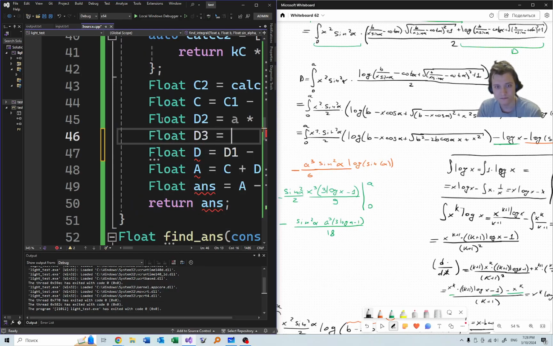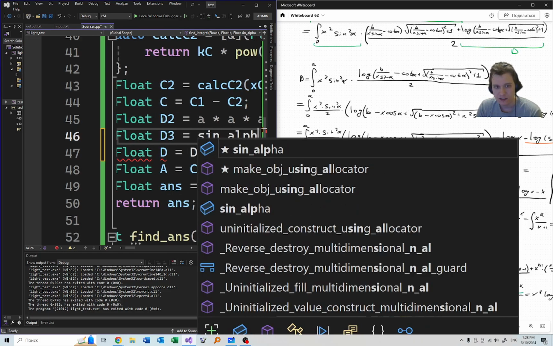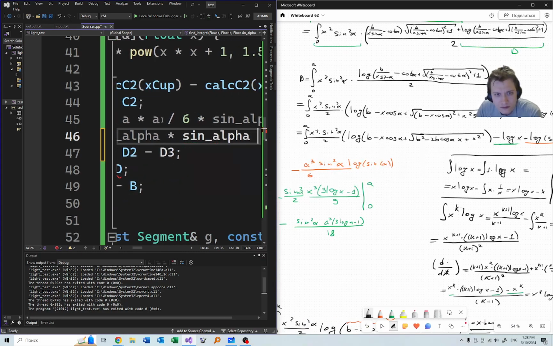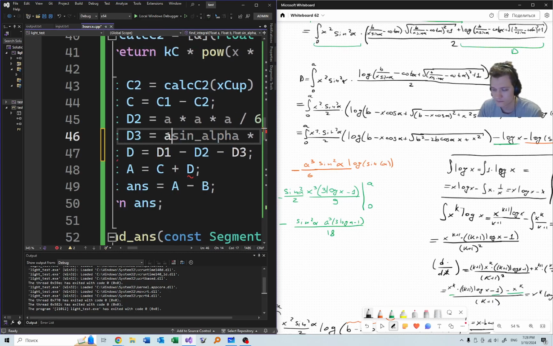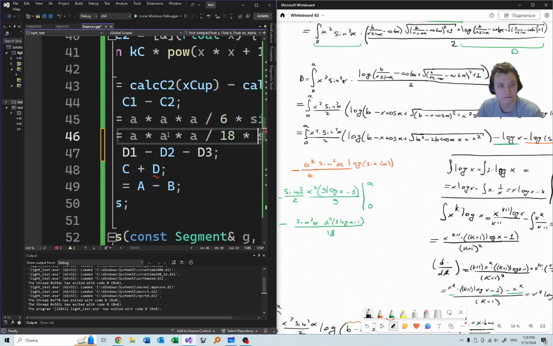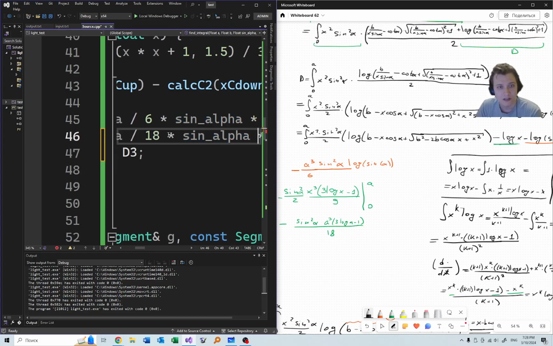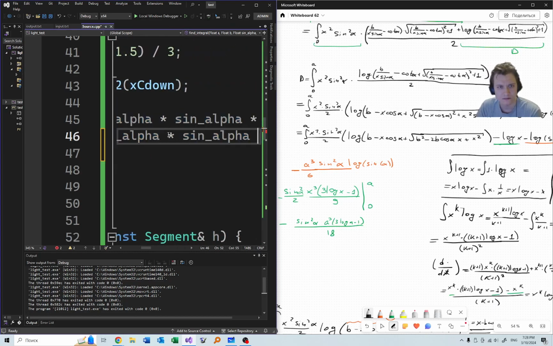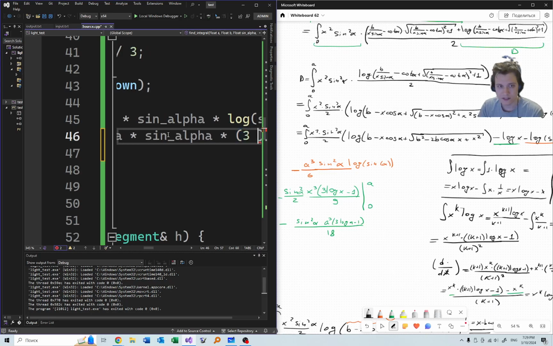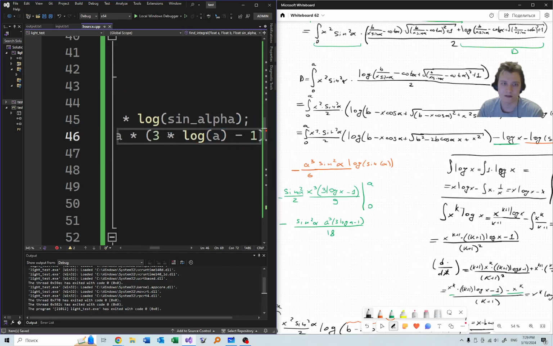Also, we have d3 equals sin alpha times sin alpha, again times a cube, times three times logarithm of a minus 1.